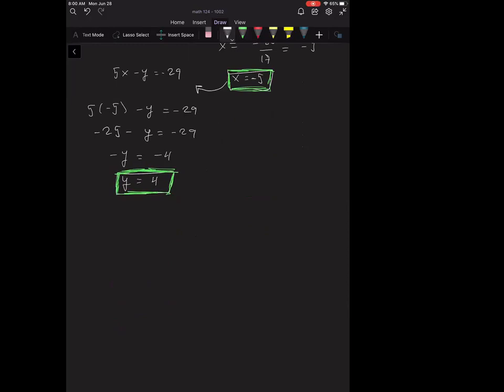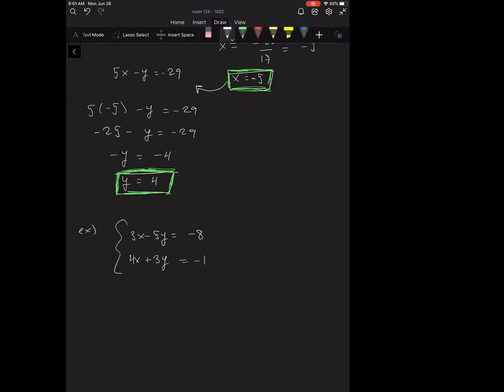Okay, the next type of question that we're going to need is, let's do, so this is just an example. It's not in the book, but it's the same style. So this is 3x minus 5y is equal to minus 8, and 4x plus 3y is equal to minus 1.